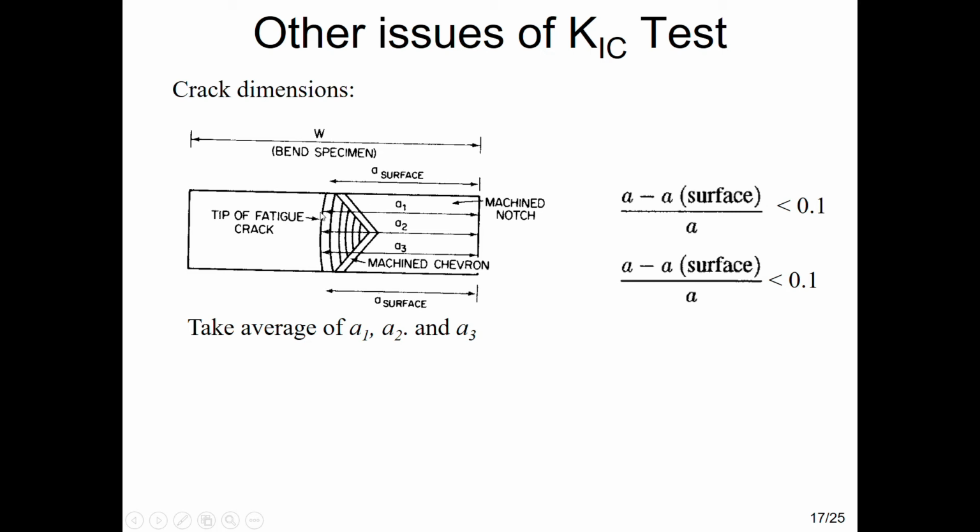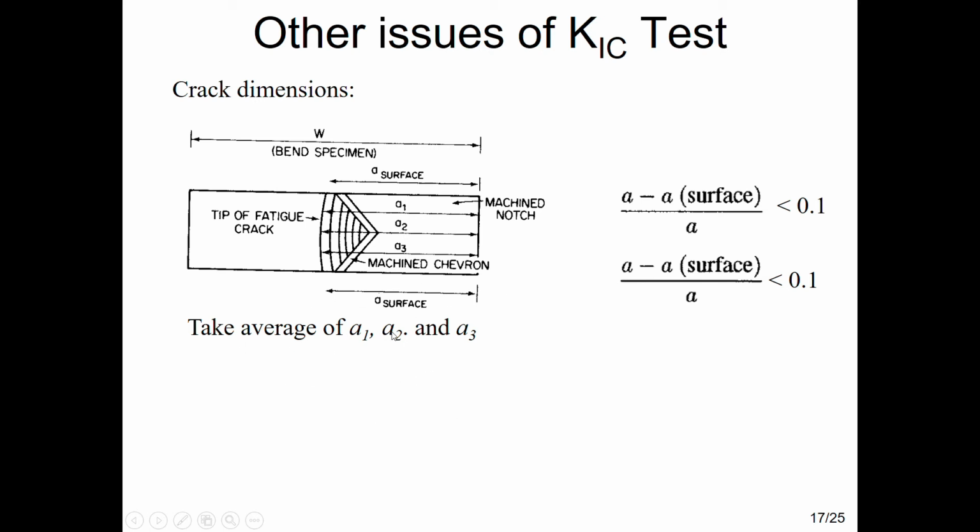You take this point, the length from here to here, and then the last one from here to here, because they want to find the average crack length.